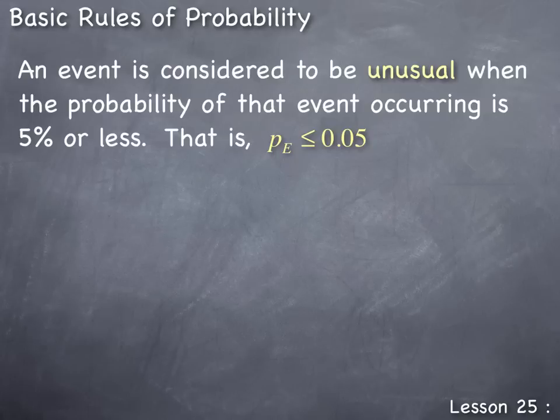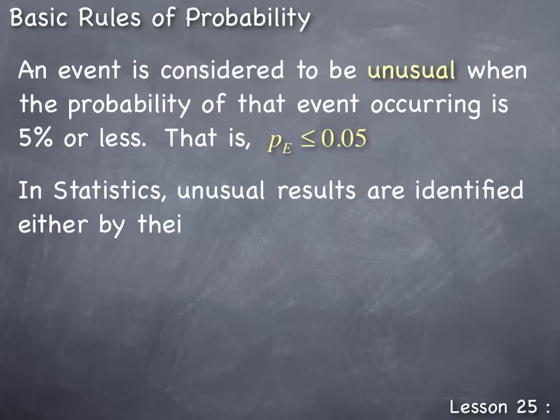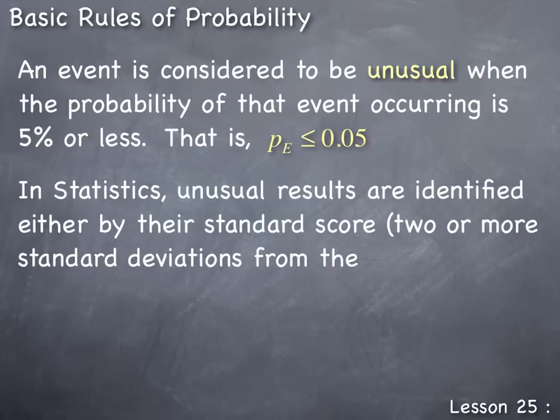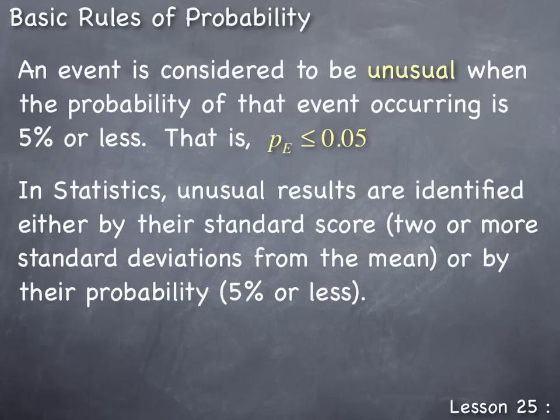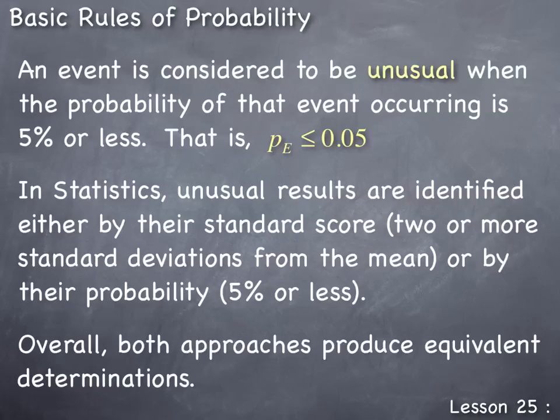In previous lessons, we defined unusual in another way. So in statistics, unusual results are identified either by their standard score, that is, its standard score being 2 or more standard deviations away from the mean is considered unusual, or by their probability. The probability of an event occurring which is 5% or less is considered unusual.